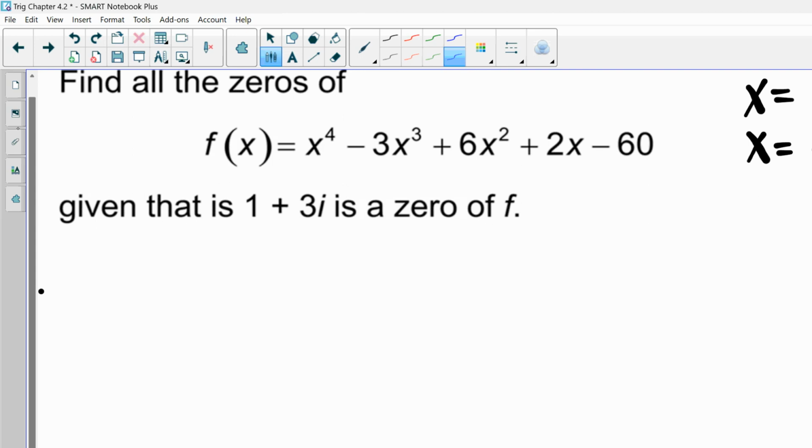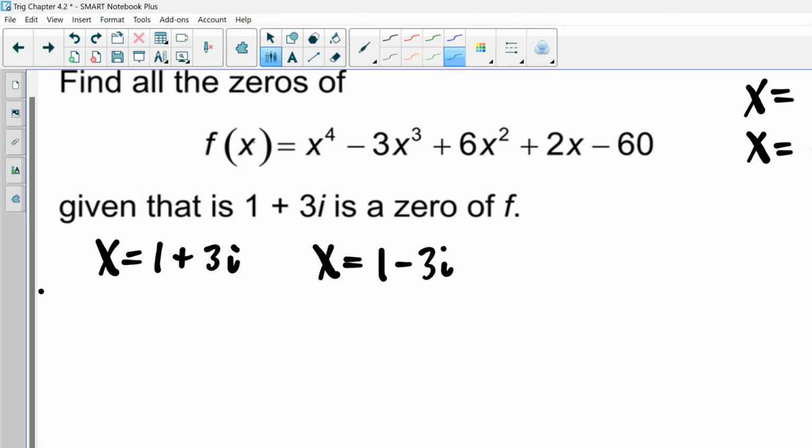Now to do it is taking both of these here, getting them equal to 0 and multiplying them together, and then doing long division with the result.